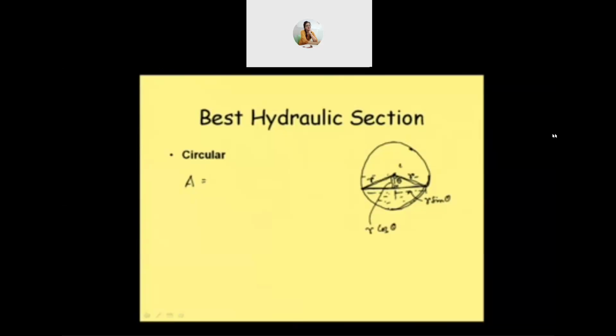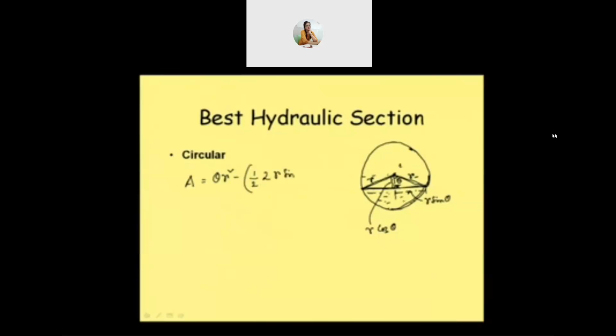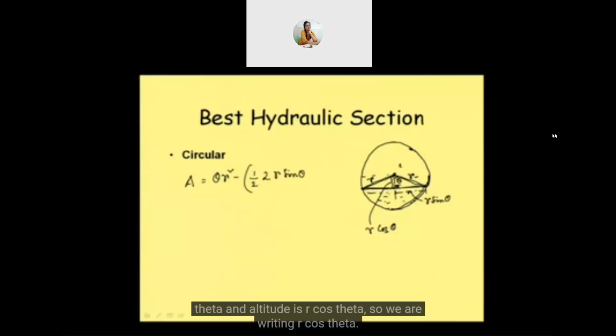Now we can write the flow area, or sectional area of the flow, as theta r square minus half of base into altitude. The base is r sine theta on this side, so it will be twice r sine theta, and the altitude is r cos theta, so we write r cos theta.